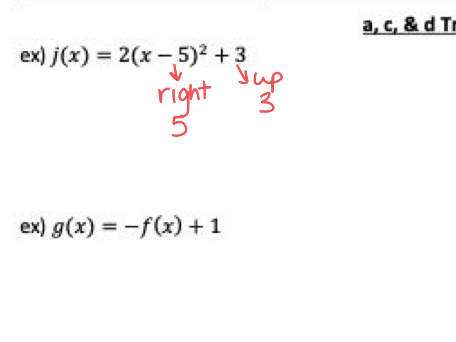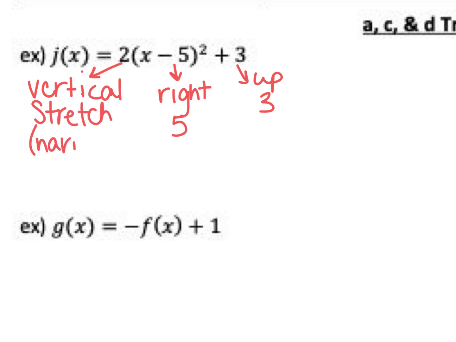Again, insiders lie. The 2, we said it got narrower. Now, when we talk about that, we're going to talk about vertical stretch. And a vertical stretch is what makes it more narrow.